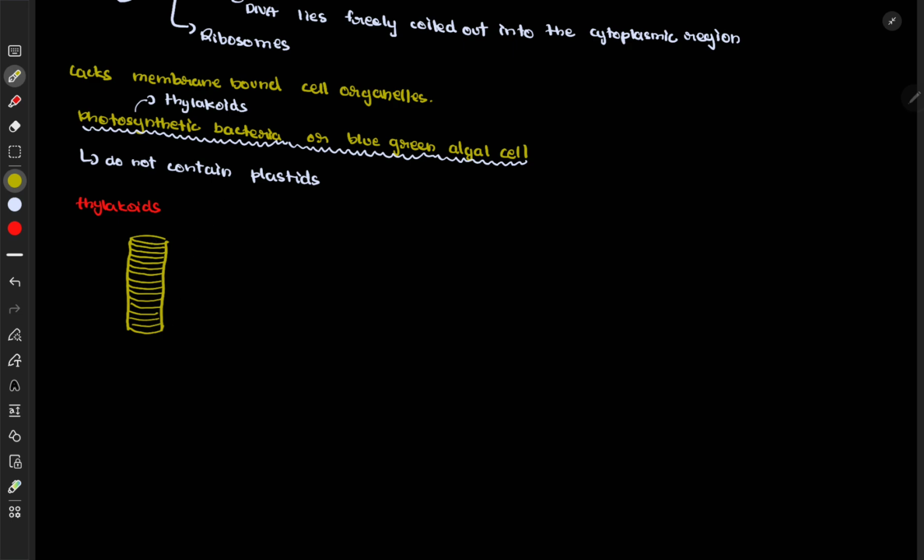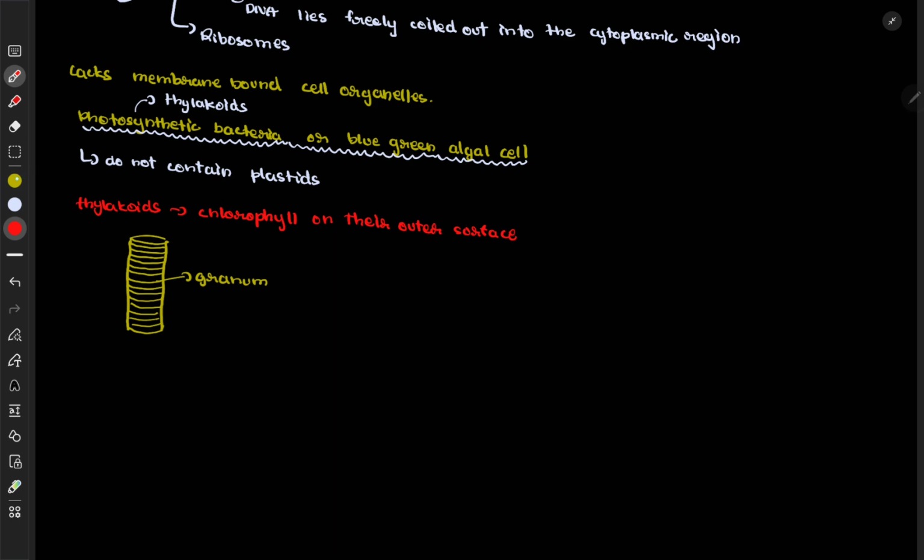Each of these units present in the stack is called a thylakoid, and all of this together is called a grana. Many of them are called grana, while a single one is called a granum. Now, thylakoids contain chlorophyll on their outer surface.